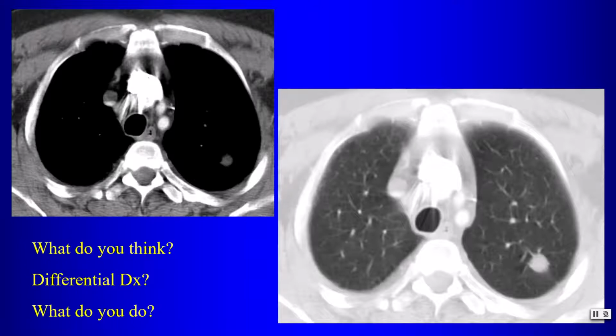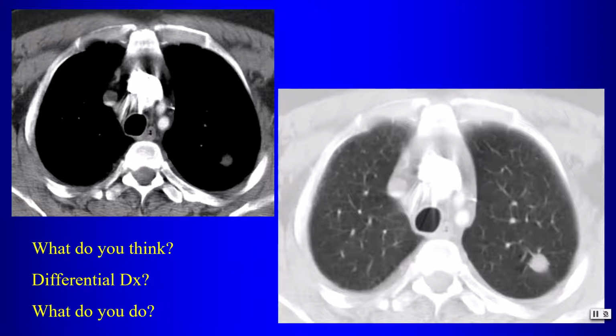If a nodule has some particular features on CT, we can say the nodule is benign. It does not require further workup. On the other hand, if the nodule does not have those features that we would use to classify it as benign, then we would say the nodule is indeterminate and will require further workup or follow-up.